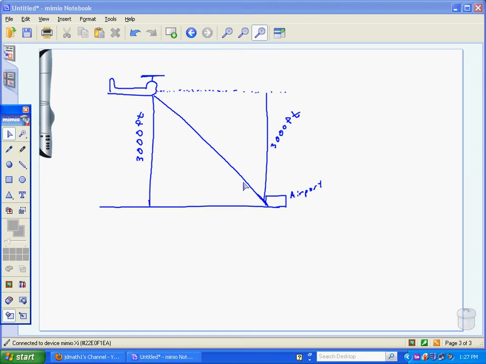The other neat thing is, if we said the angle of elevation right there is 40 degrees, then the angle of depression from the horizontal coming down would be the exact same. So no matter how we draw this angle, it's 40 degrees, it's the same.